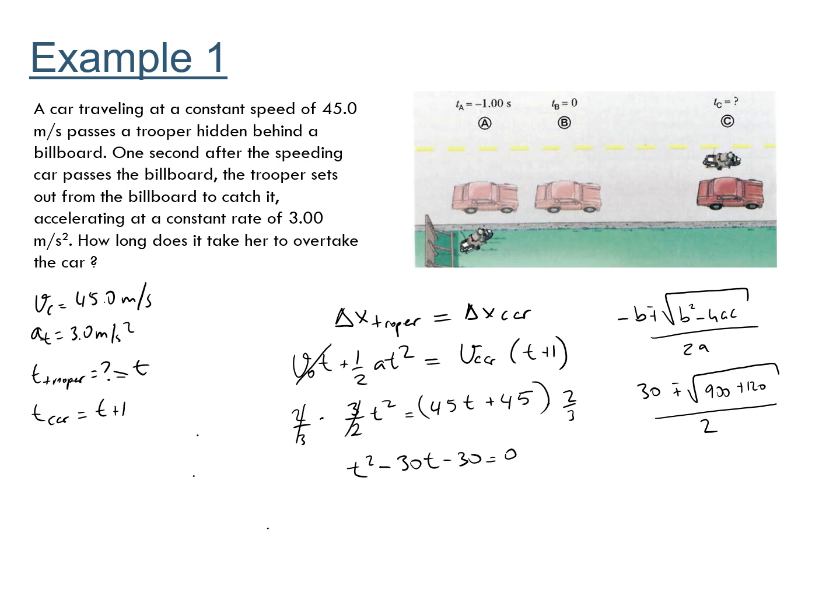Okay, square root of 120, checking, is 31.9. So 30 plus minus 31.94 over 2. Well, the minus is not going to give us a real answer. Therefore, t must be 30.9 something, so it's going to round up to 31 seconds. Well, it takes 31 seconds for the trooper to overtake.